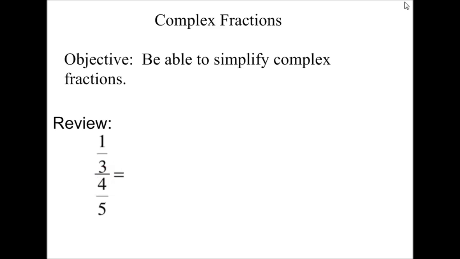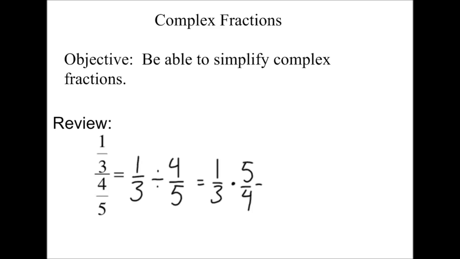So it's 1/3 divided by 4/5. So let's rewrite it to understand what happens. When we write it horizontally, we see that it's a lot like our dividing rationals. So we're going to make the reciprocal of the second one and turn the division into multiply.